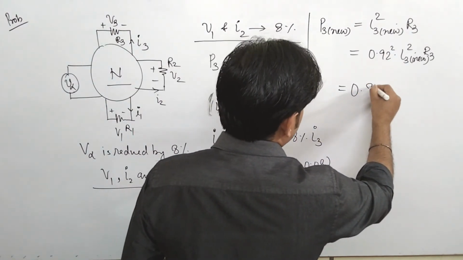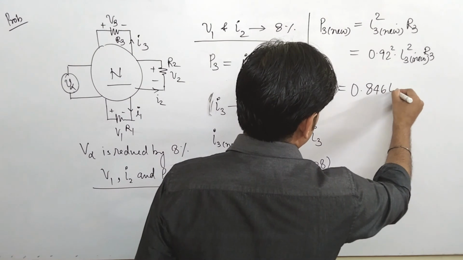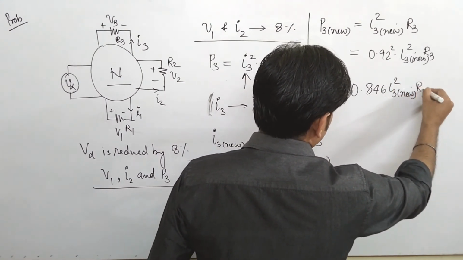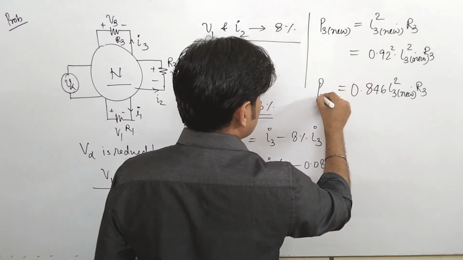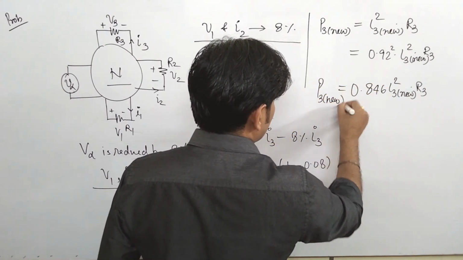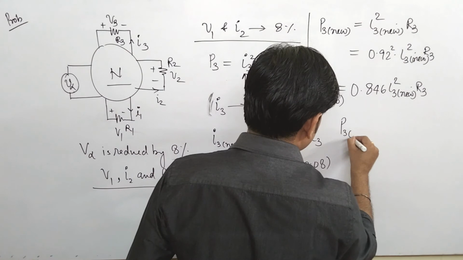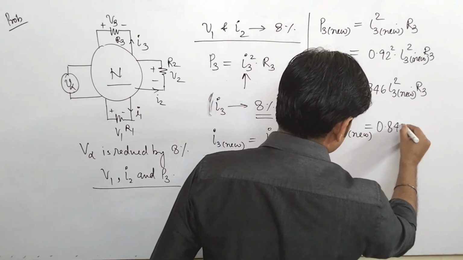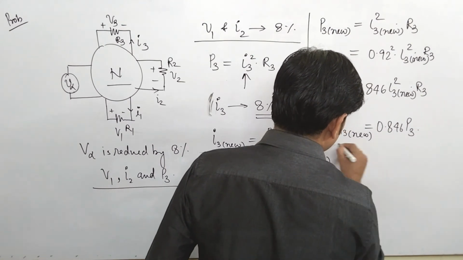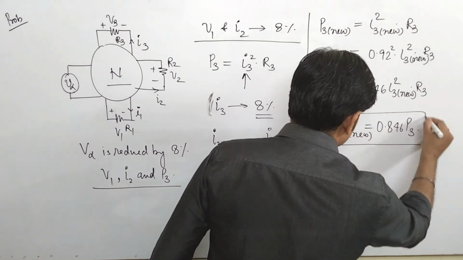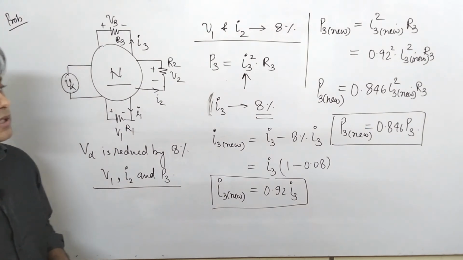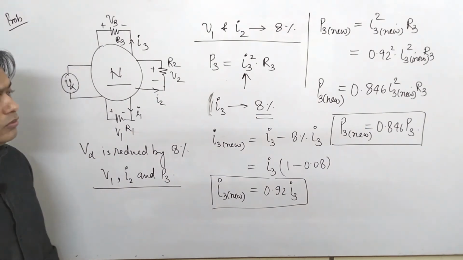That comes to be 0.846. So this is P3 new, or you can say P3 new is equal to 0.846 P3. Your new power P3 new is 0.846 into P3.